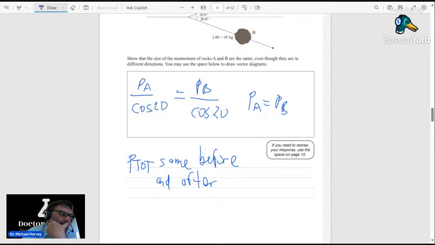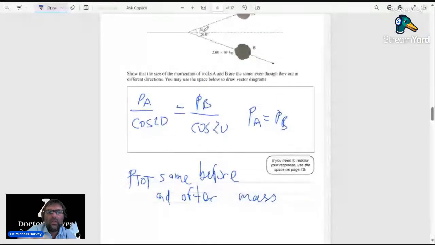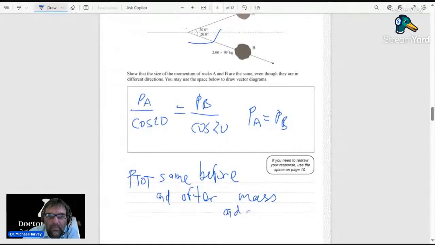What else could you say? That the mass and angles are the same. You can see from the question that the angles are the same as well. They're 20 degrees. And what else could you mention?